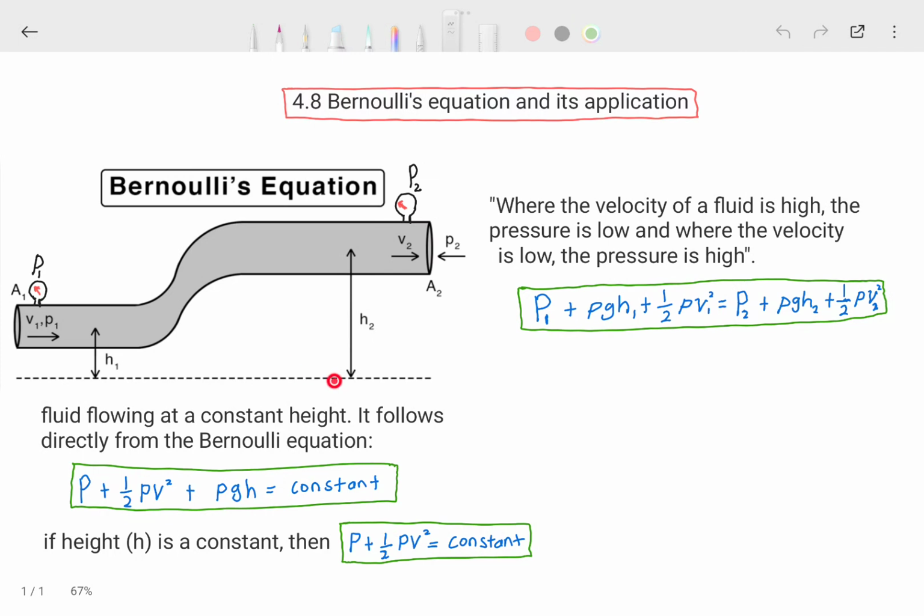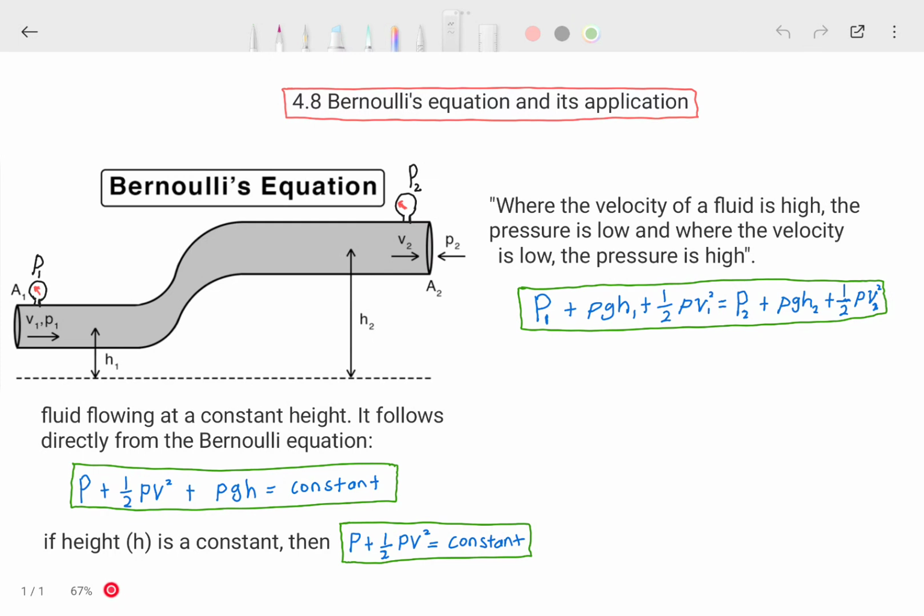In the case of constant height, it follows directly from the Bernoulli equation: P plus 1 over 2 rho v to the power of 2 plus rho g h equal to a constant.